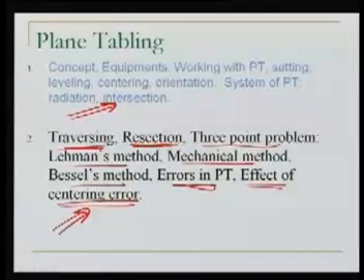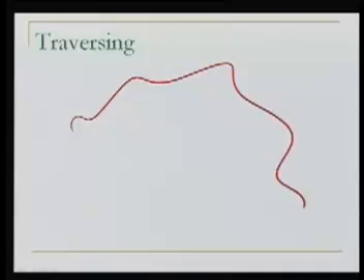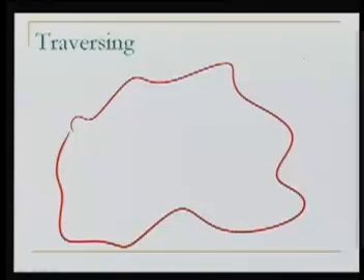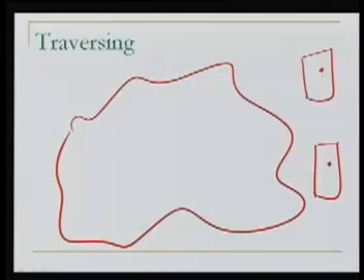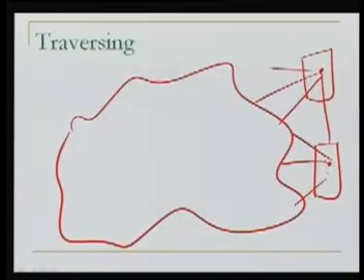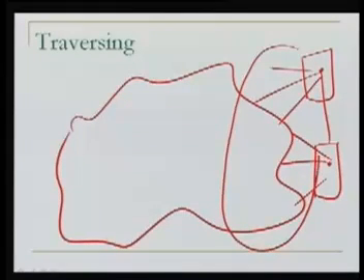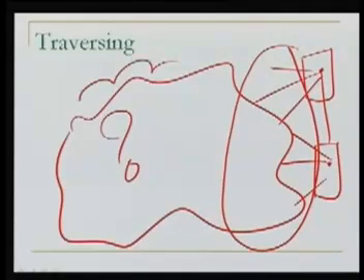However, there is some limitation. The limitation is, if for example we have a very big feature, and we want to occupy one point and the second point. Our plane table is here, second time it is here, and we are plotting these details by intersection. What we can plot by intersection is only a little part of it. How about this part? How are we going to plot all of this? Because our plane table positions are only here.